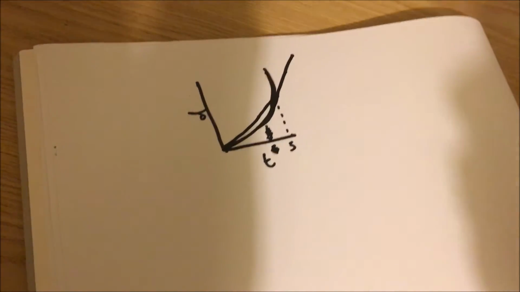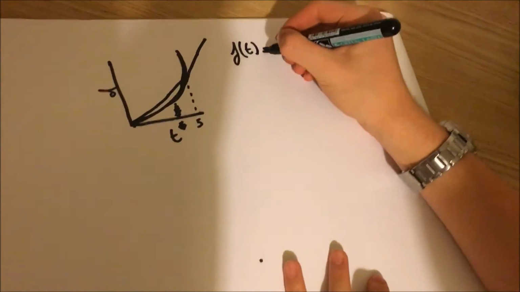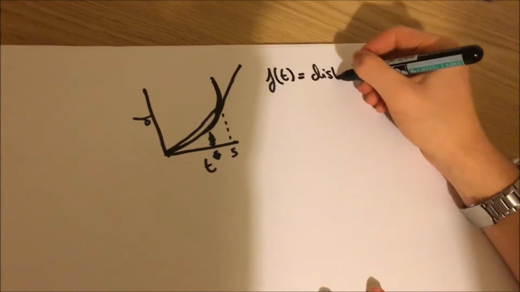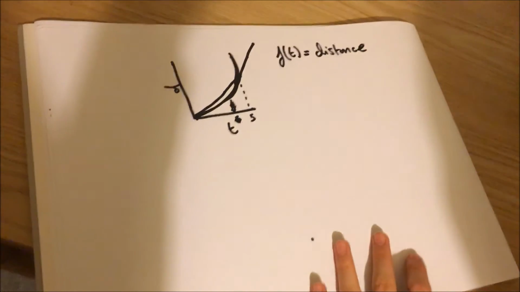Instead of working out the average slope between 2 points, differential calculus allows us to work out the exact slope at a specific point. As I said at the beginning of the video, calculus is all about rate of change. So let's say we have our function, let's call that f of t, and that is equal to the distance travelled at t seconds.